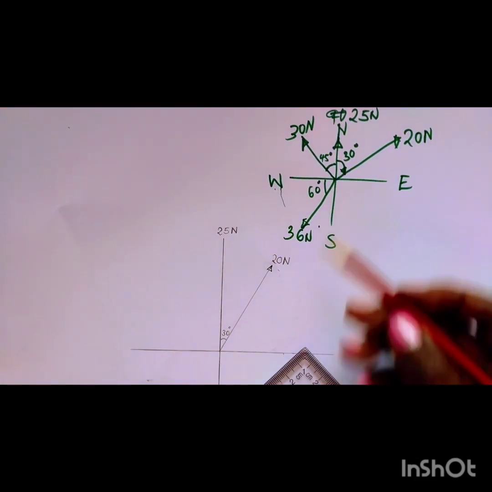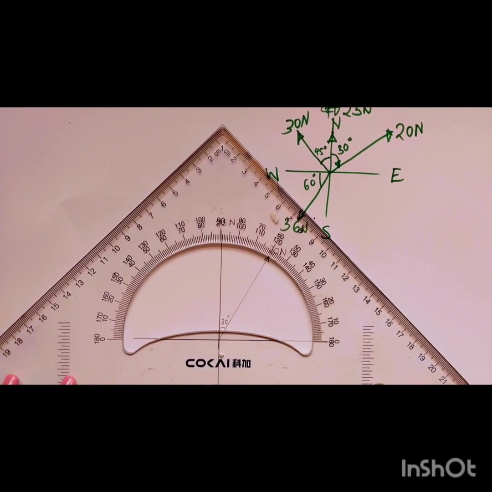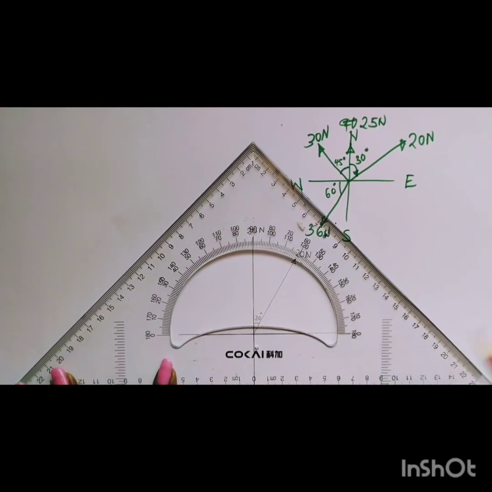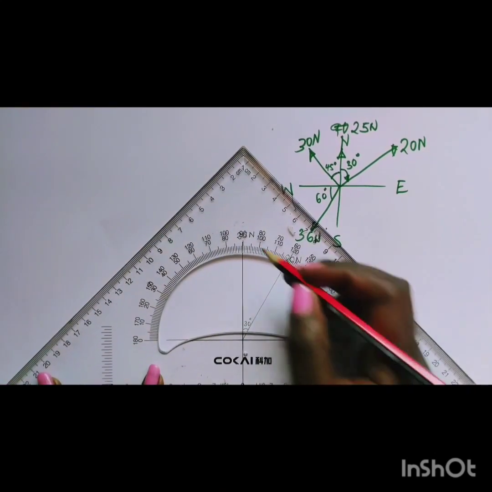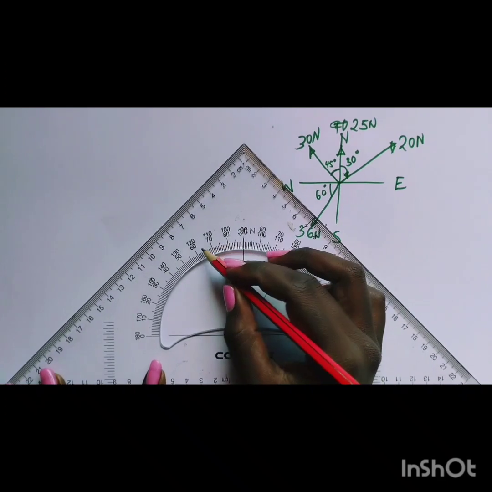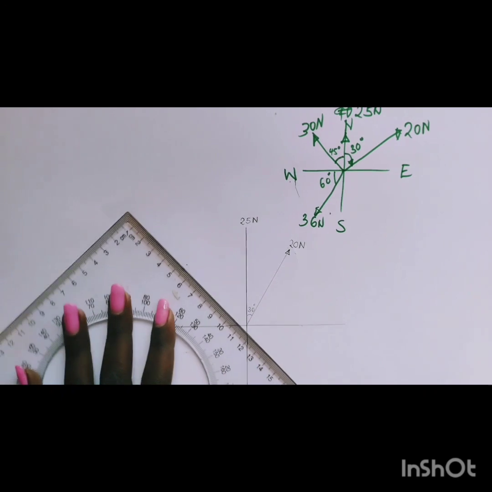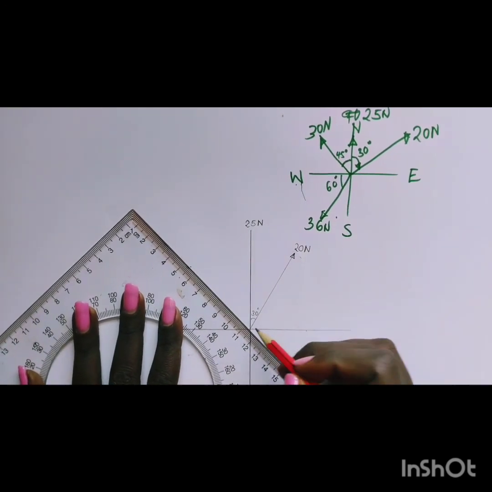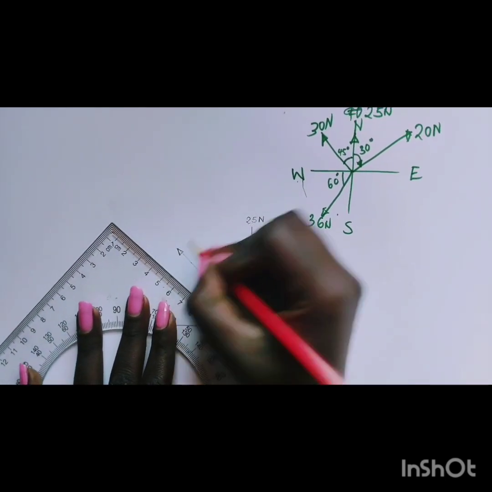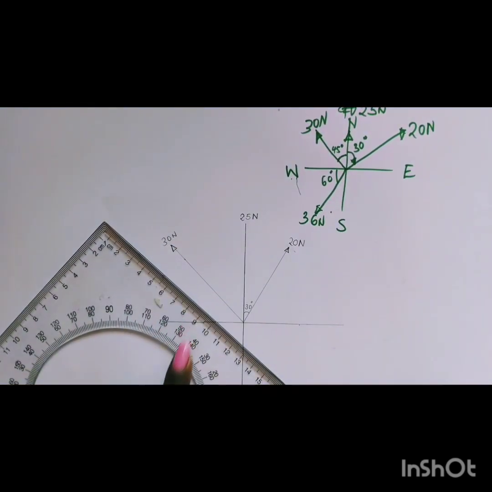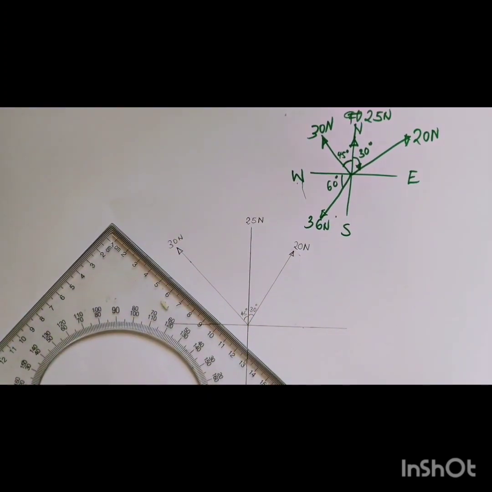And for the 45, we're reading it from the north, so bring in your protractors. So we are now going to our 30 Newton force. It's inclined at 45. So from 90 towards the north, 1, 2, 3, 4, 45 is here. That is it. So you can draw that line to indicate that particular force. So indicate that this one is 30 newtons and the angle of 45 degrees.